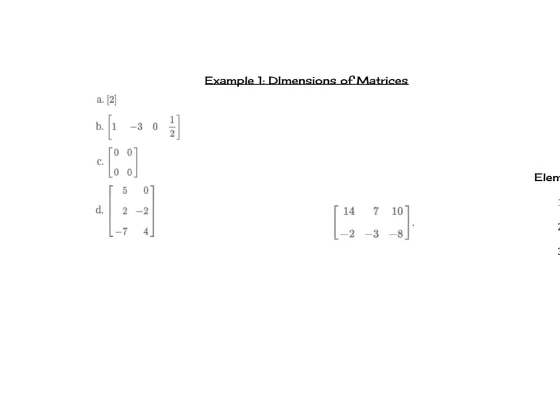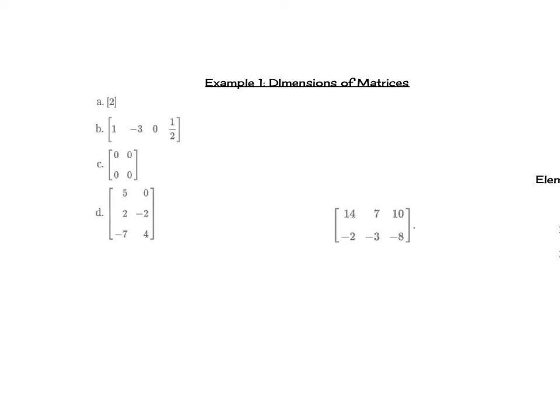So we're going to look at this first example, just looking at the dimensions of matrices, so pretty quick. The first one is just a 1 by 1. This one is a 1 by 4. This one is 2 rows by 2 columns.